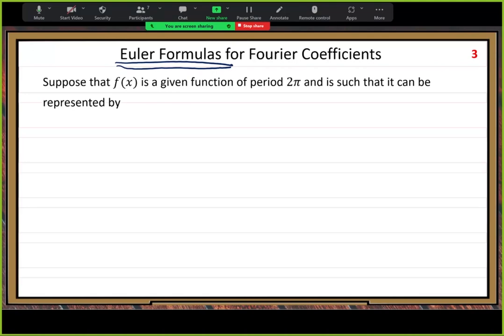Suppose that f of x is a given function of period 2 pi, and it is such that it can be represented by this series. Here you need to satisfy certain conditions.